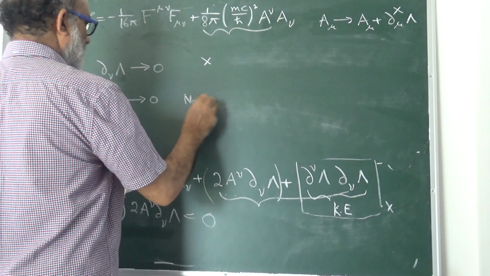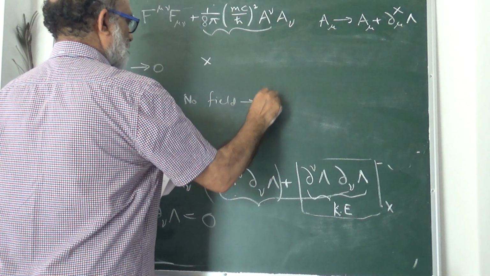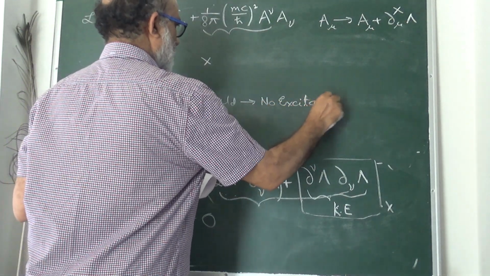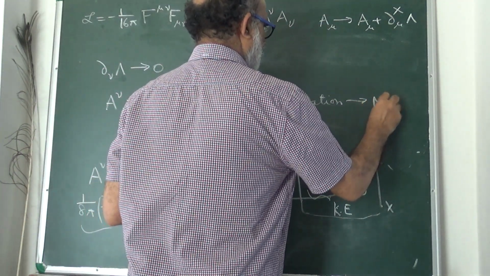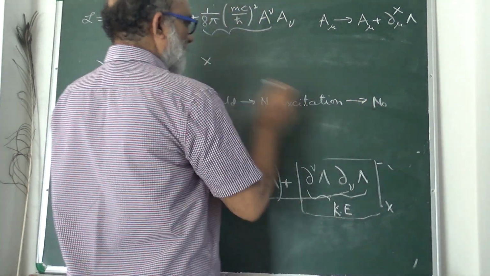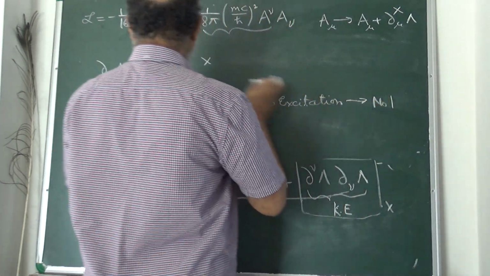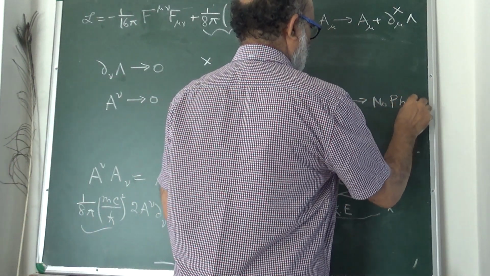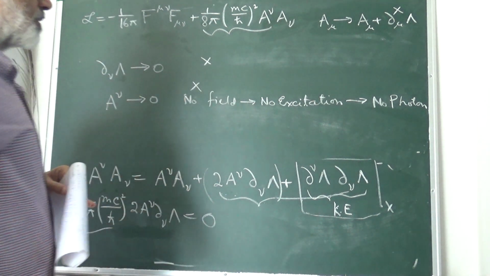No A mu means no field, means no excitation of the field, means no photon, because the quanta due to the excitation of the electromagnetic field is called a photon, which is not there. So this is also not acceptable.